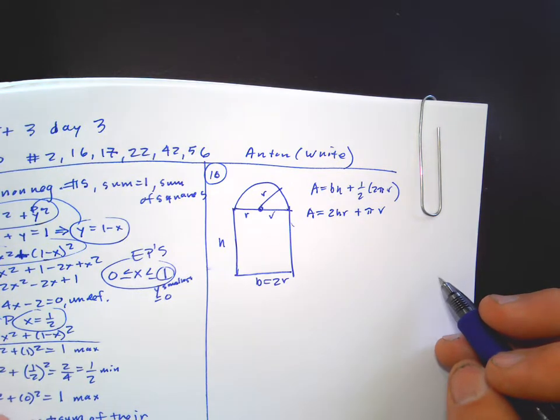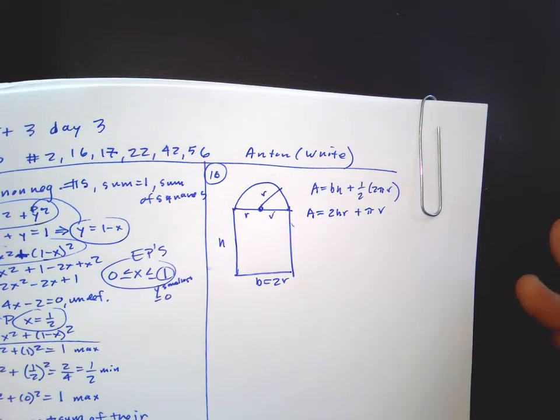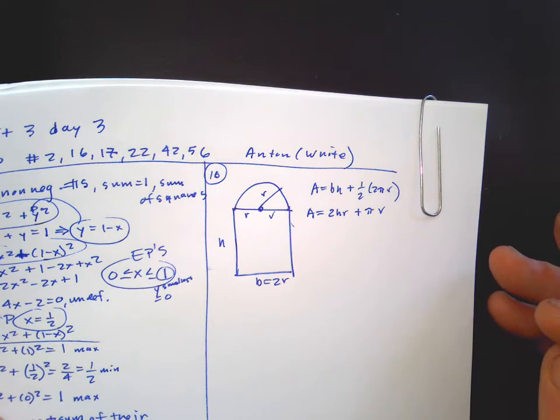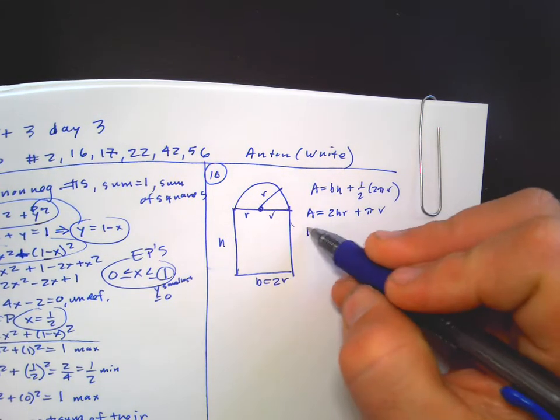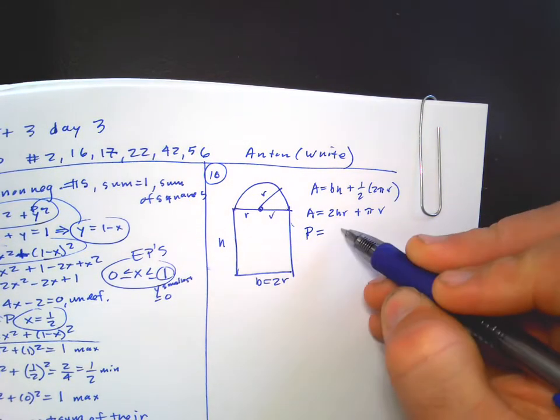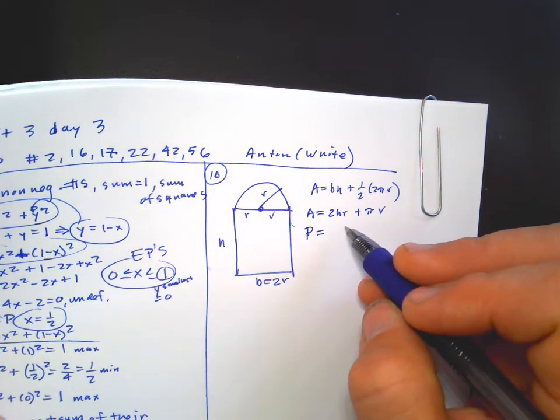And now this problem is a little more complicated because we don't have a value or a relationship between h and r. So we don't really know that. So I guess we're just going to write answers with letters in them. It says that the perimeter of the whole thing is P, so we're going to use that in our answer.